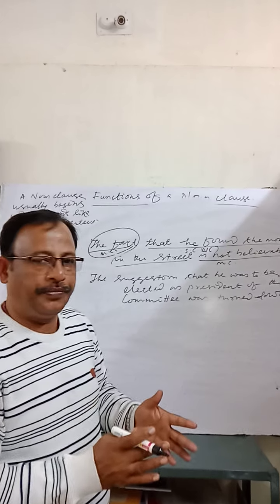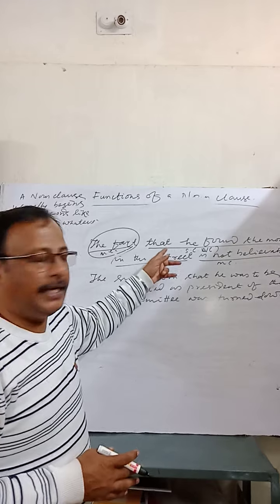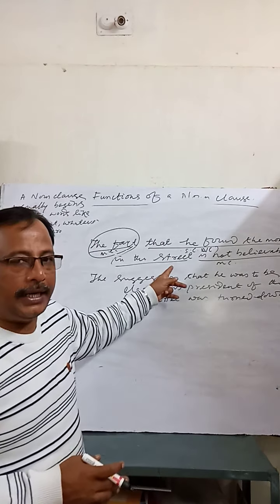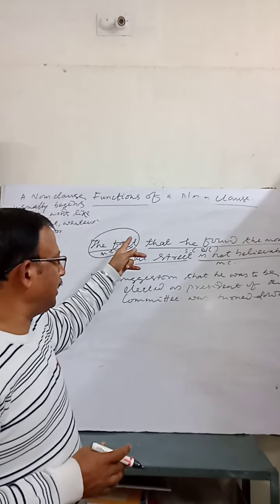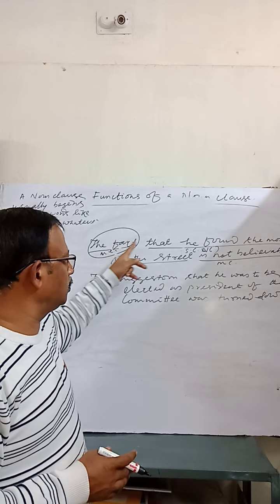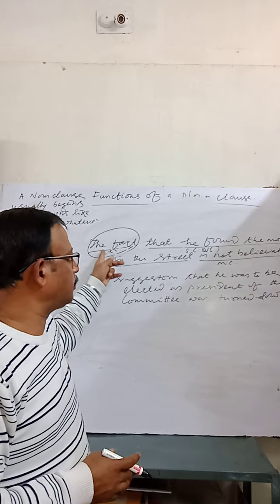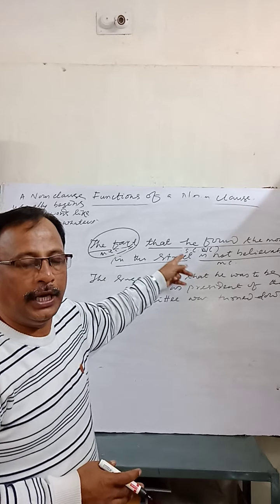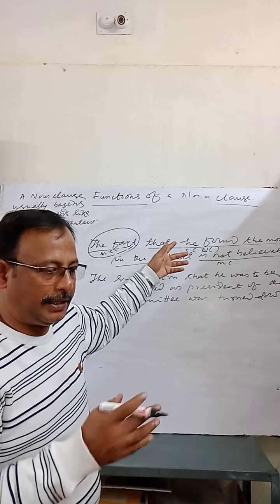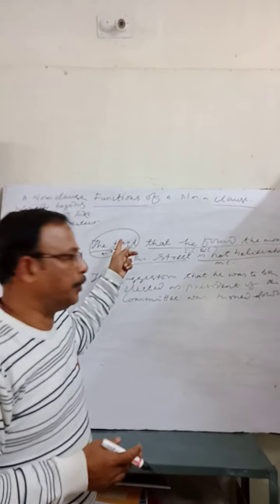This way of use is known as in apposition to. So that he found the money in the street, it is a fact. So the noun clause is used after this noun phrase, which it actually explains. So this system or the process that we say is called in apposition to.